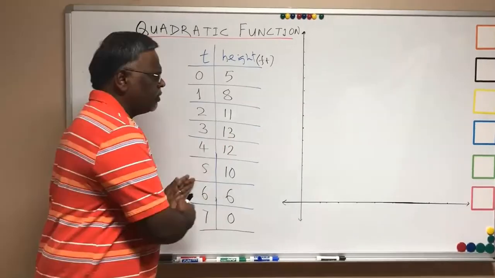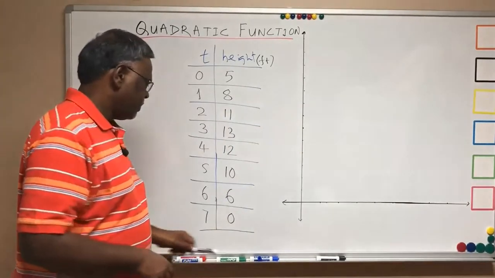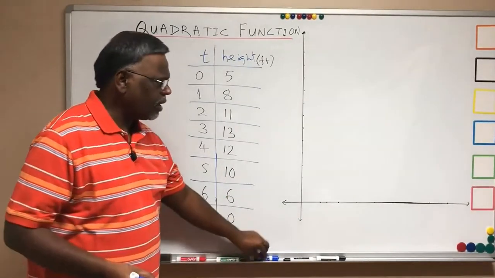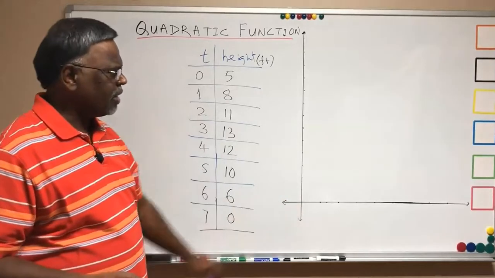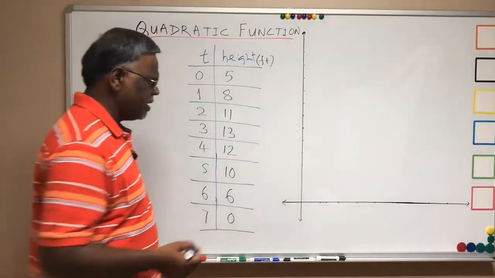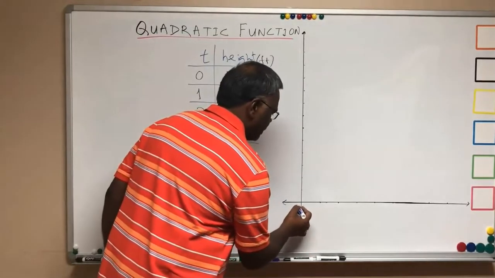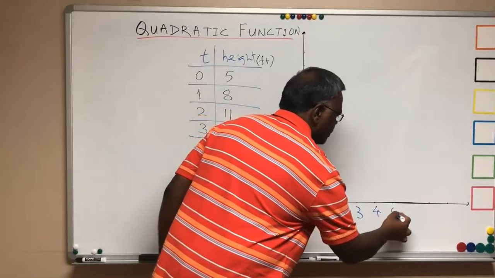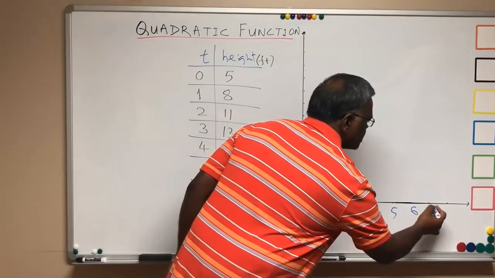I'll take this info and put it on my graph. I already have the x and y axes drawn and calibrated. For time, maximum 7 I need: 0, 1, 2, 3, 4, 5, 6, 7.